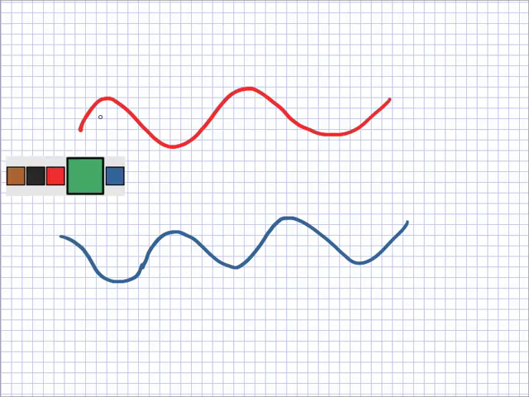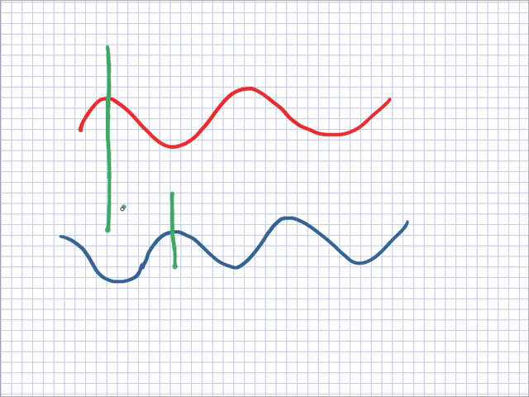Okay, so if you look here, here is the peak here, and here is the peak here, and there's a difference obviously between them. In the picture I drew, it's not the same, it's actually getting smaller.